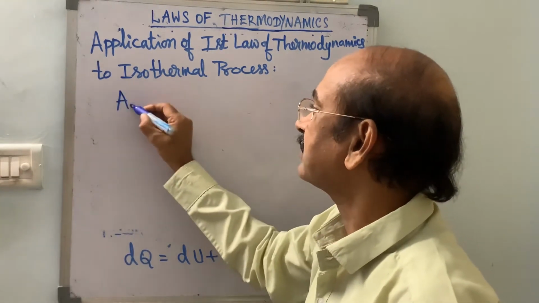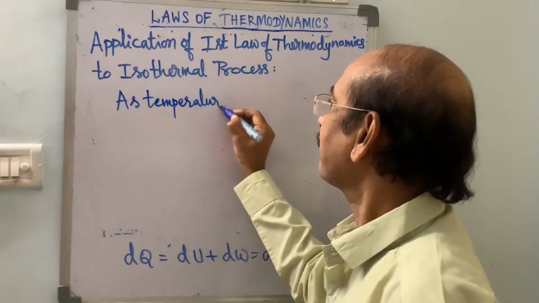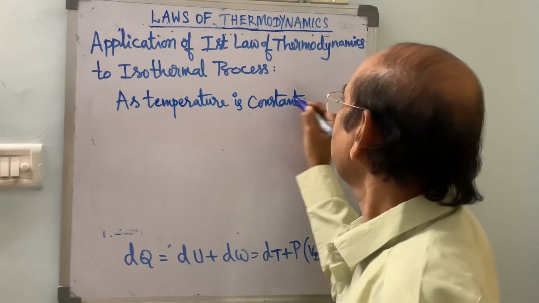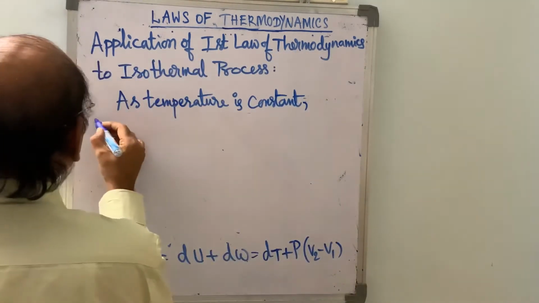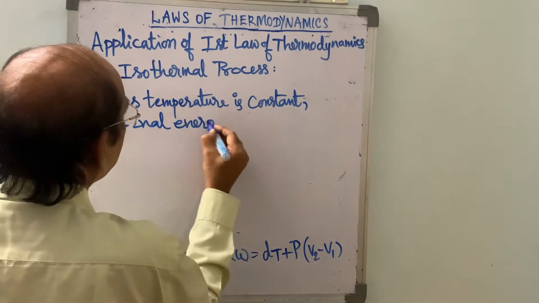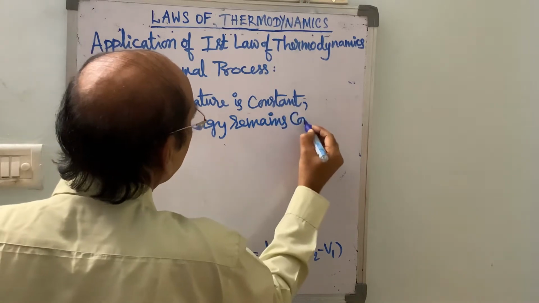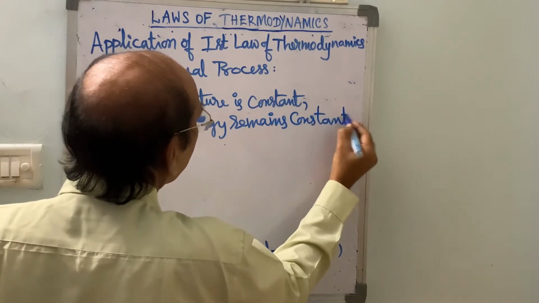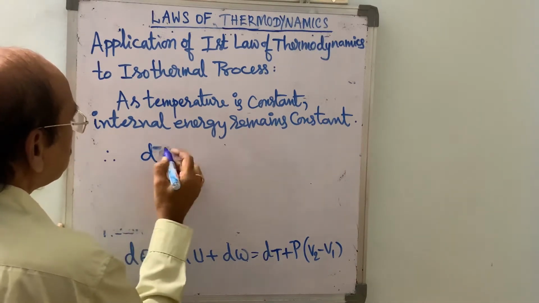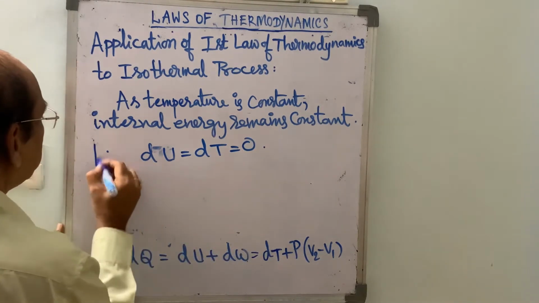As temperature is constant, internal energy remains constant. Therefore du is equal to dT equal to 0.